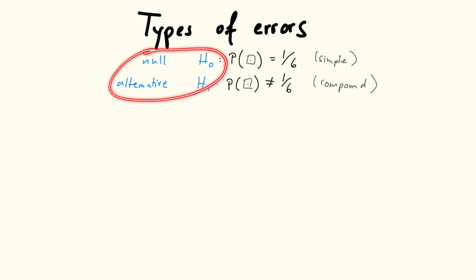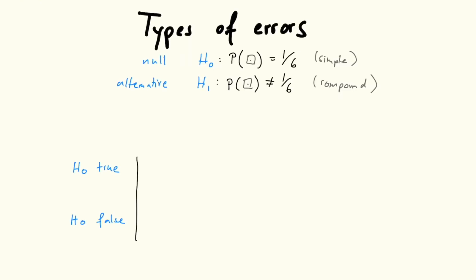I've written these in blue to indicate that they are determined by the population. In other words, the veracity of these hypotheses is determined by reality. We may be living in a world where the null hypothesis is true and our friend is being honest. Or we may be living in a world where the null hypothesis is false and our friend is cheating. Our test will either reject or not reject.